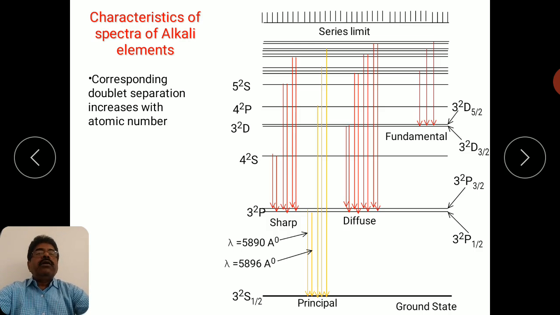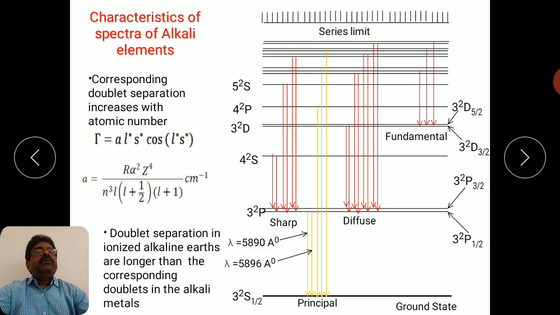There is a stronger electric field because of the larger number of protons inside the nucleus of the higher atomic number element. Therefore the corresponding doublet separation increases with the atomic number. So as you go to the higher atomic number alkali element, the doublet separation, for example 3p, will be greater.